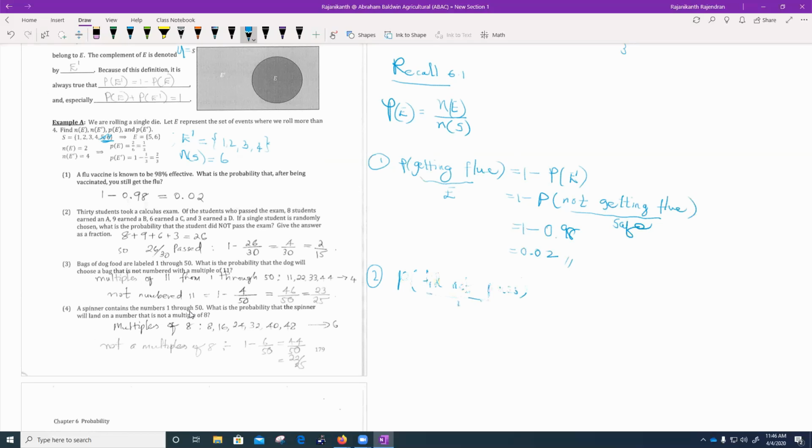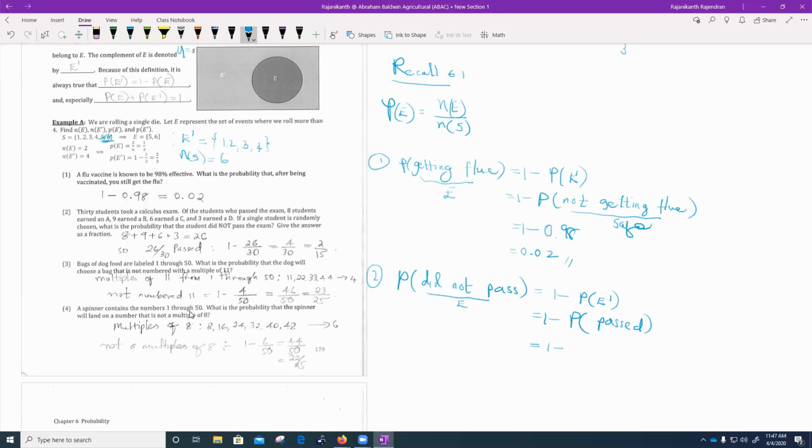If this is my event E, then according to my formula, this is E prime. So what is the complement event of did not pass? That is the student who got passed. The formula says here, how many students got passed?